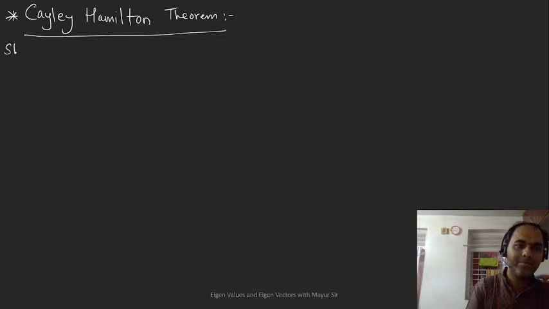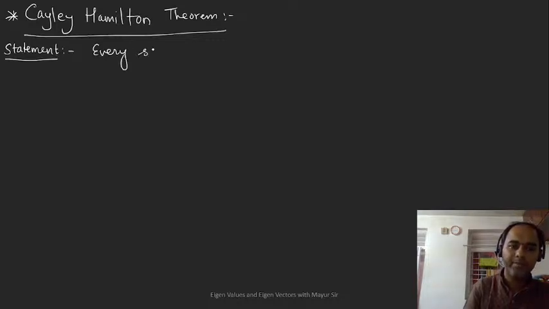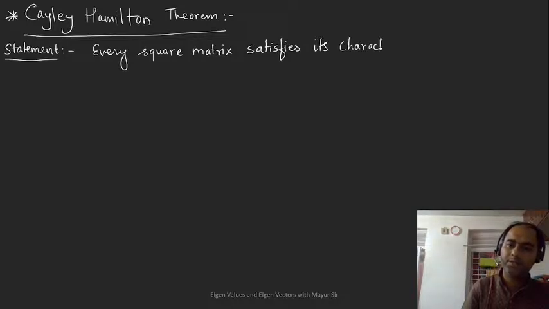So statement is this: every square matrix satisfies its characteristic equation. That's it. This is all.